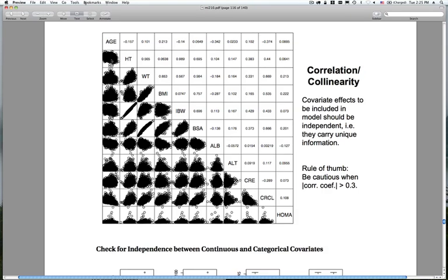So this plot here is a plot of height on the y-axis versus age on the x-axis. This one here with a strong correlation is a plot of ideal body weight on the y-axis versus height on the x-axis. And then we have the complementary matrix here representing the correlation coefficient.